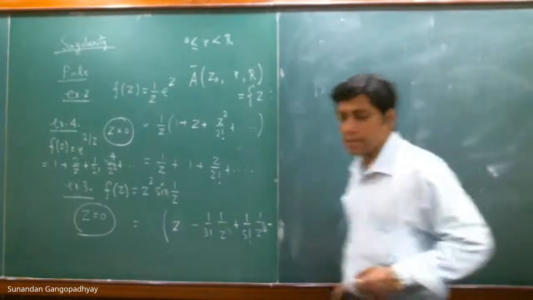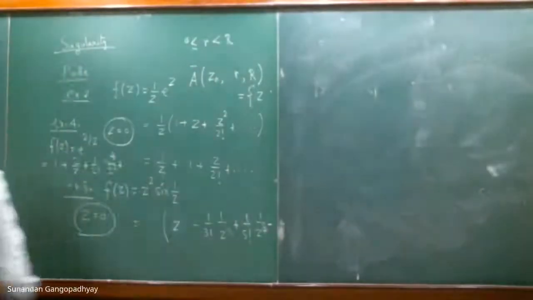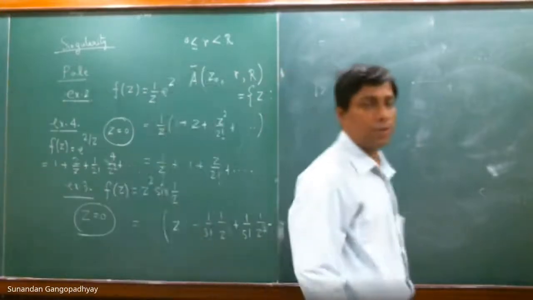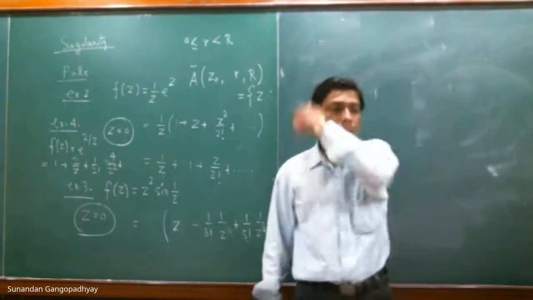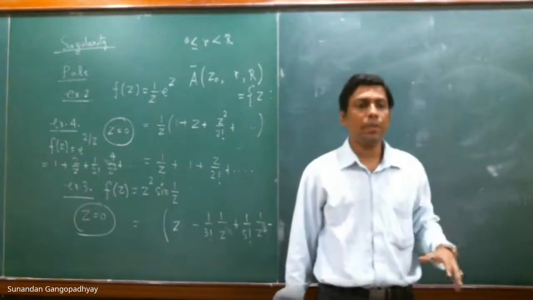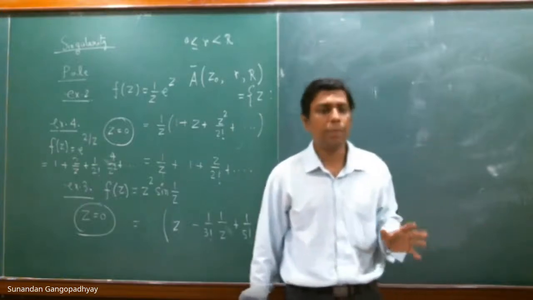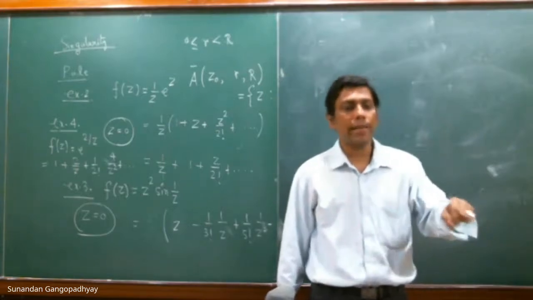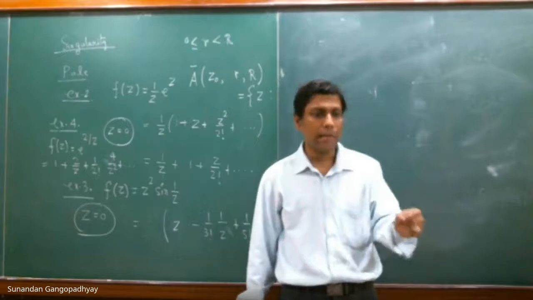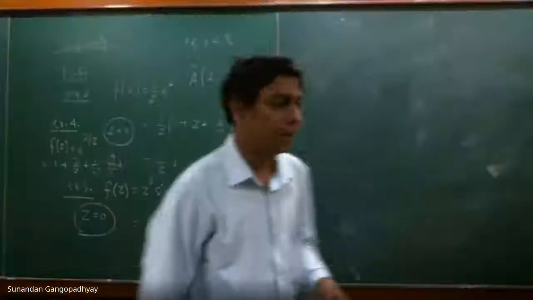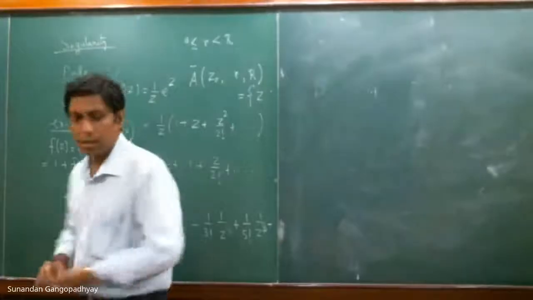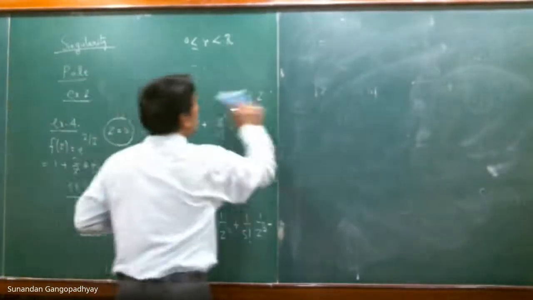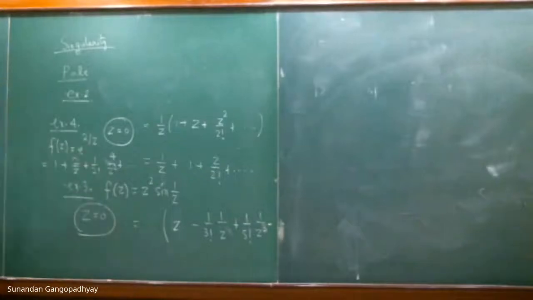When we talk of the residue of a function of a complex variable, implicitly we assume that the function has a pole at some point, and you want to calculate the residue at that pole. You want to calculate a value at that pole, and that value is called the residue of the function. So let us introduce this notion now, the notion of a residue of a function of a complex variable.